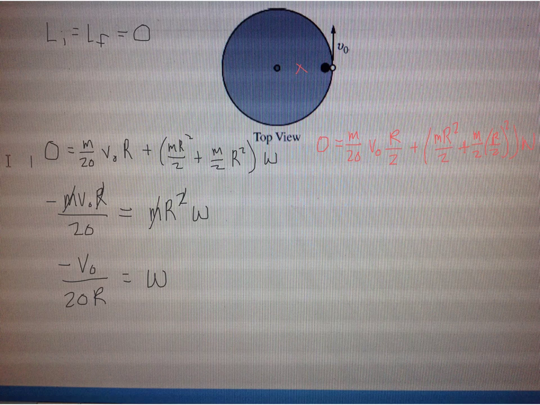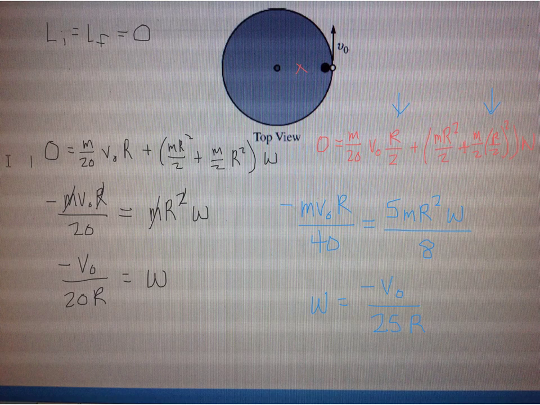Okay, so here we have our new equation, and we'll notice a couple things have changed. The radius of the stone has gotten smaller, and then we'll also notice that the moment of inertia of the person with where they're standing in relation to the axis of rotation has changed as well.